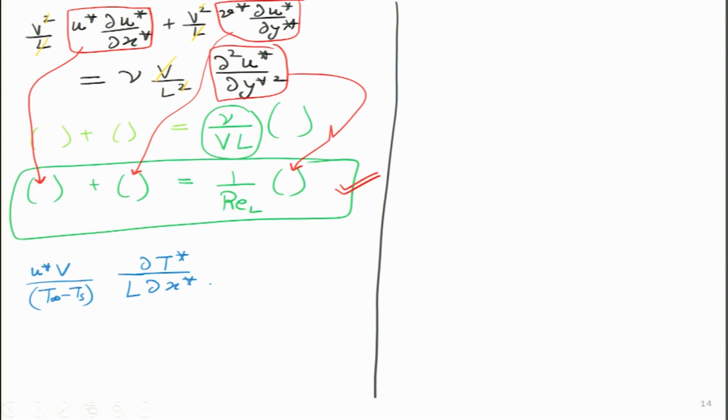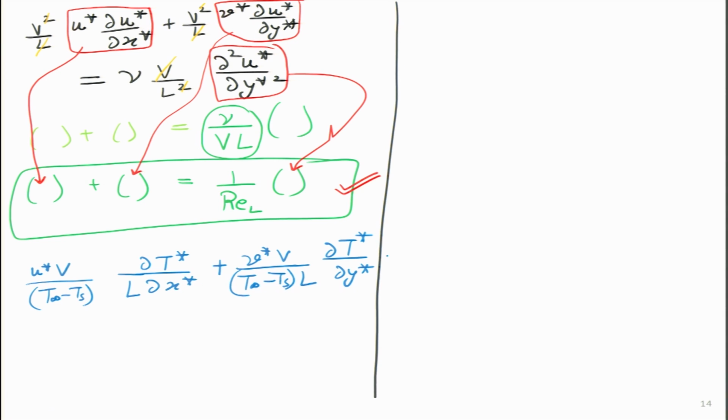So, this is my first term. Same thing I will get in the second term. So, I will get v star into V divided by T infinity minus Ts into L into del T star divided by del y star. Okay. And on the right hand side, what do I want to non-dimensionalize?